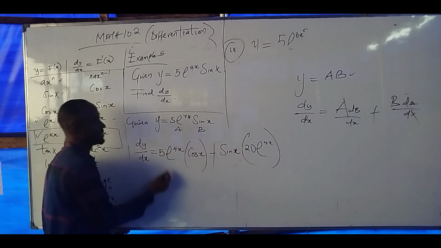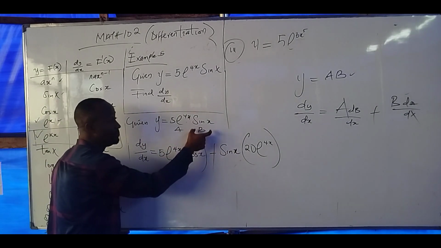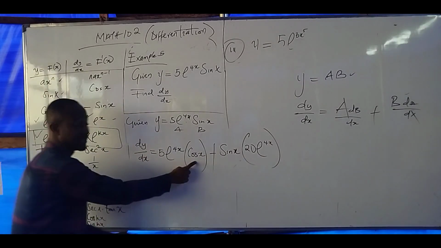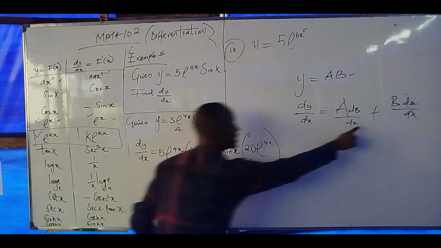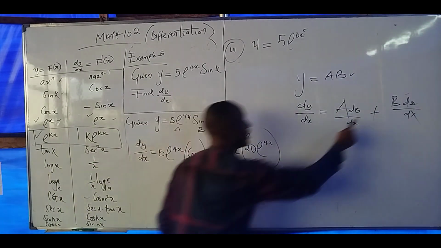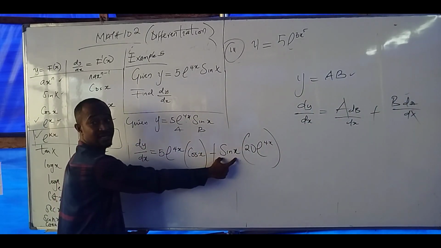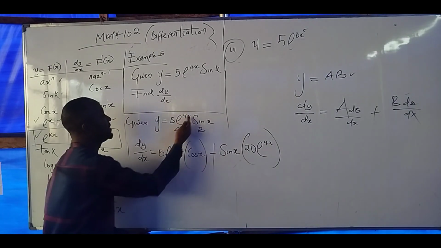So in brackets, differentiate sine x, meaning B. The result is cos x. That is it here. Plus this plus sign here. Plus keep B constant, meaning don't differentiate B, right? What's that B here? Sine x. In brackets, differentiate this.